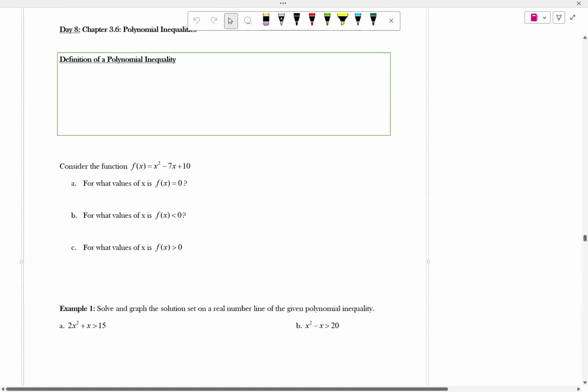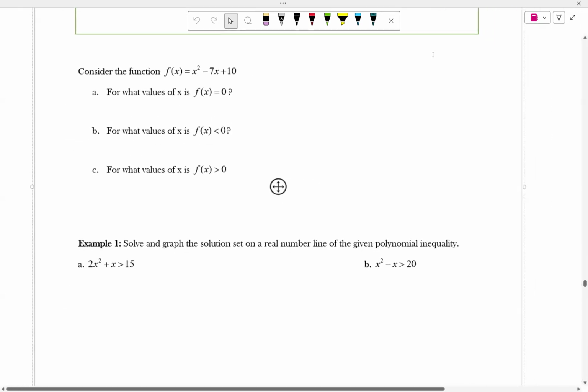Okay, folks. I'm not sure why it has a box for the definition of a polynomial inequality. Do you know what a polynomial equation is? Okay, so just replace that equal sign with an inequality, and you have a polynomial inequality. So I'm not actually going to write a definition here, but let's go through this.